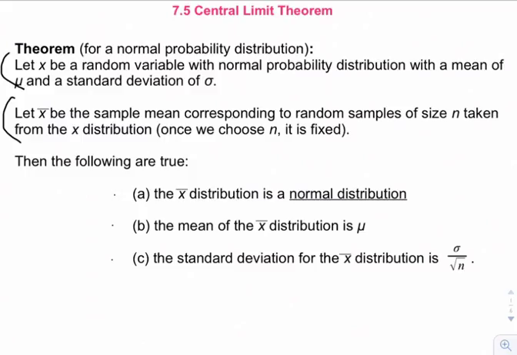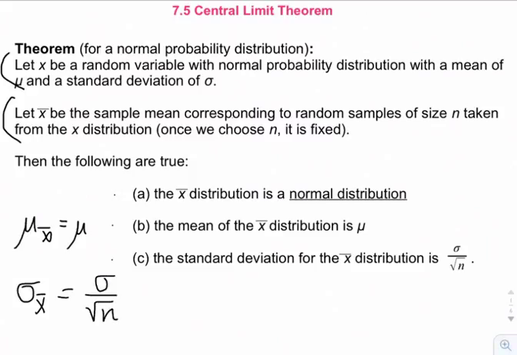It is still mu. So the mean of the new distribution, the x bar distribution, is the same as your original one. It's still mu. C, the standard deviation of the x bar distribution is sigma over the square root of n. So we'll call that sigma x bar, and that's going to be sigma over the square root of n.